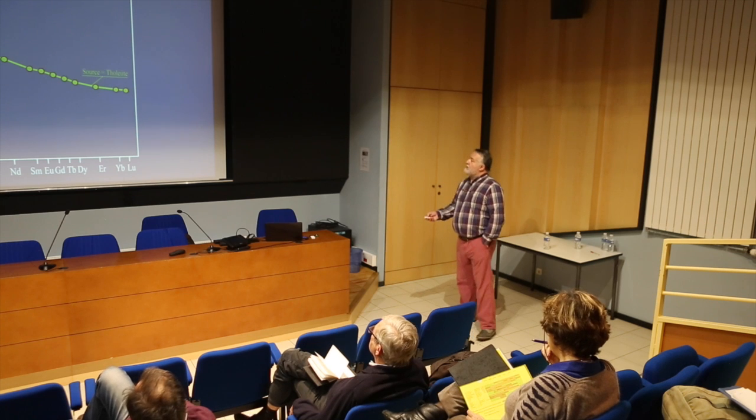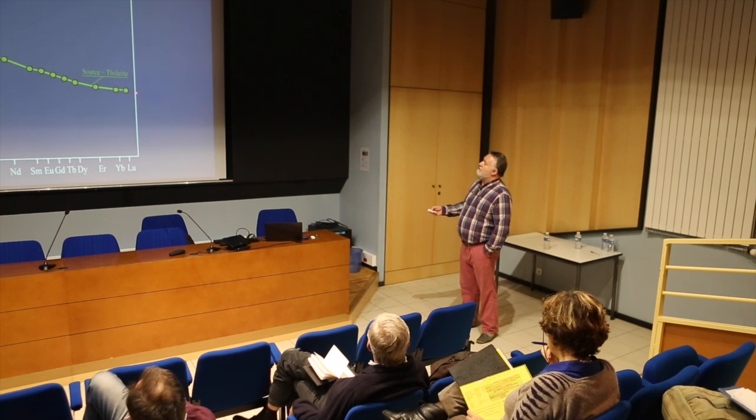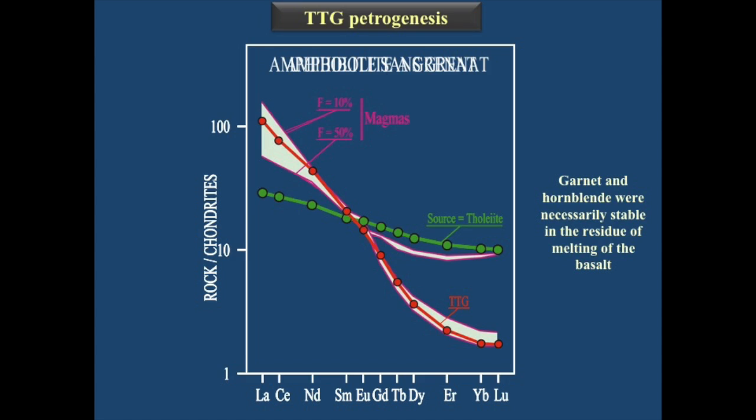So we took here an average composition for Archaean tholeiitic basalt. We'll try to reproduce this pattern for TTG. And, you know, a basalt that enters subduction is transformed into amphibolite, garnet-bearing amphibolite, and after that eclogite.